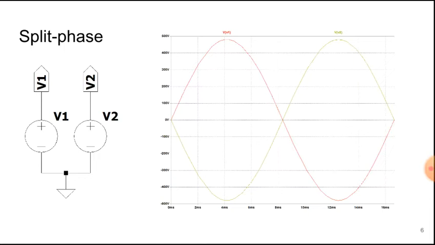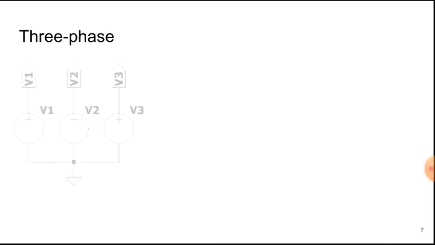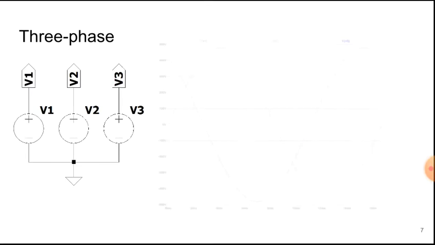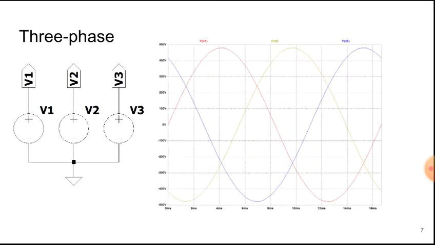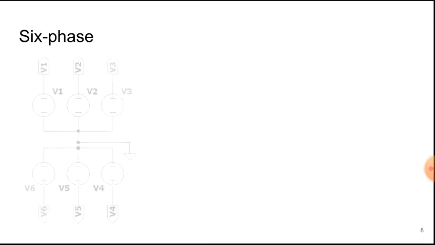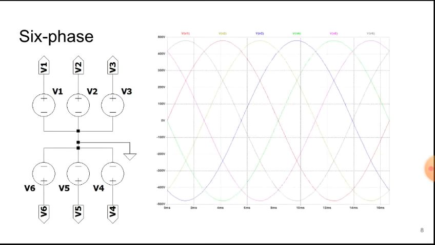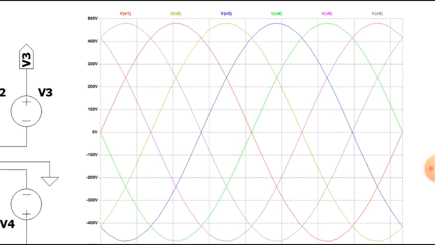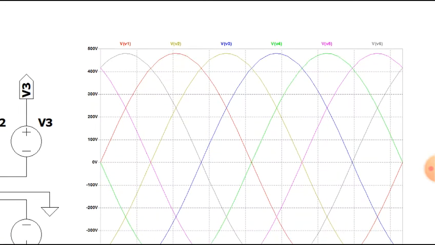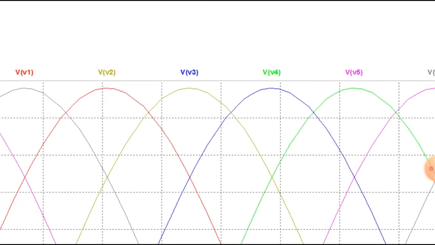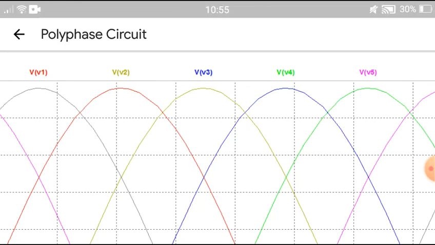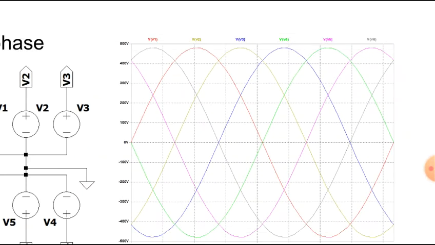Split phase, they are out of phase by 180 degrees. Three phase, they are out of phase by 120 degrees, and so on. For a higher number of phases, 6 phase, this will be the diagram. If you look at the diagram, this one is a better application for a rectifier circuit.